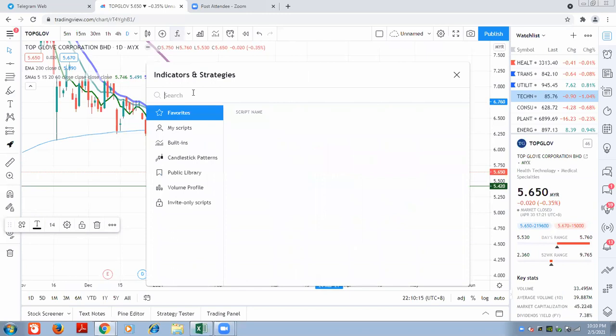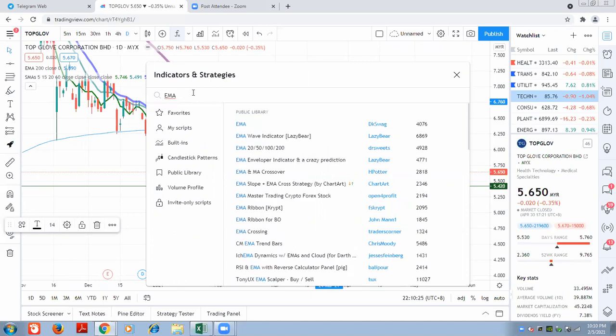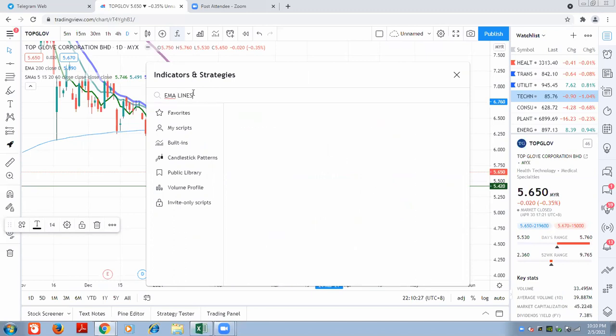For those who want to find the EMA line, go to the EMA 4 lines. EMA lines. Four EMA lines.